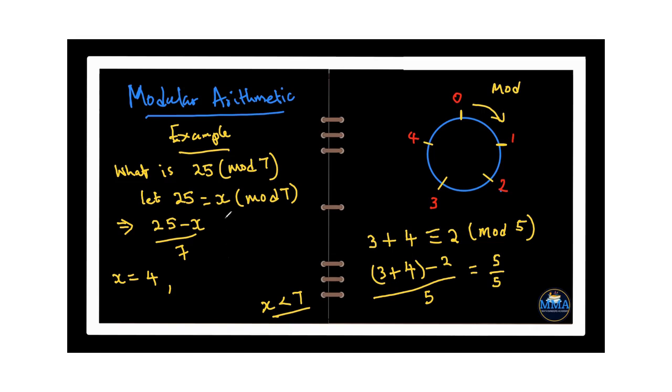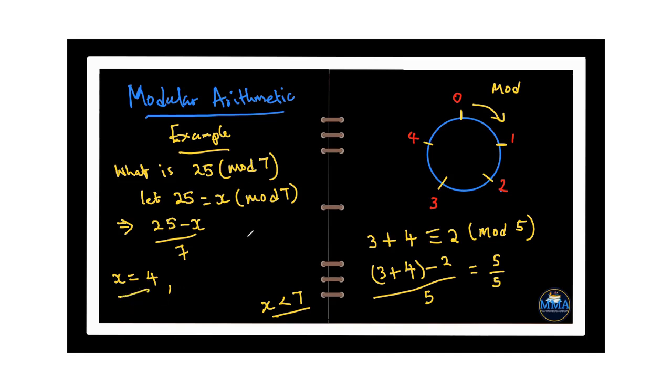The value that we get after we have performed the operation must be smaller than the modulus. We cannot get a value bigger than the modulus. So our answer here is 4.